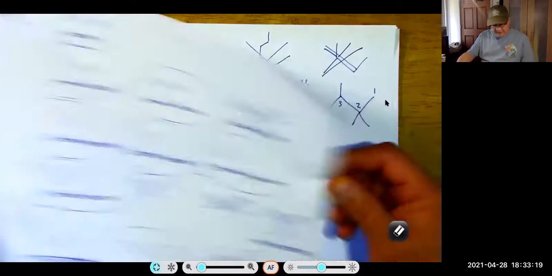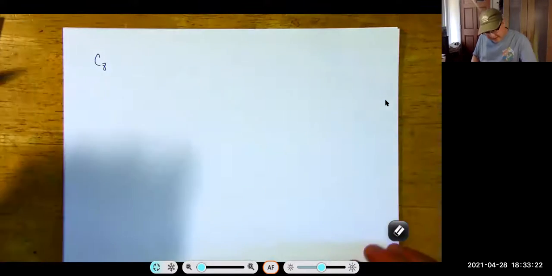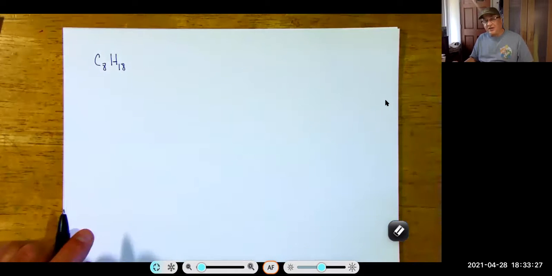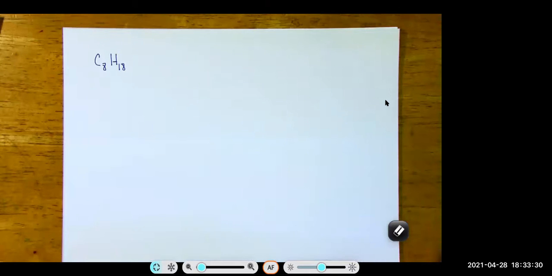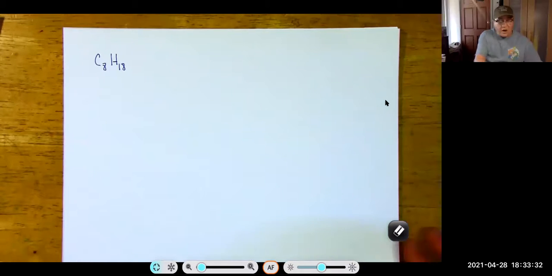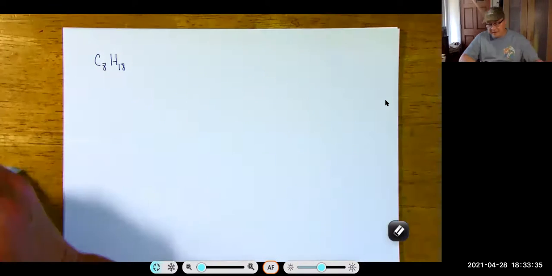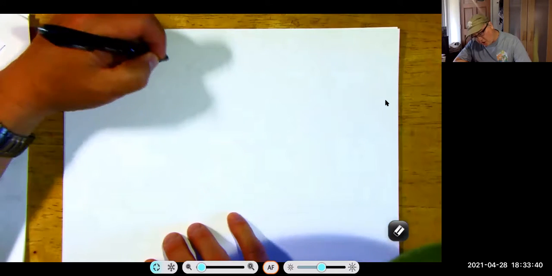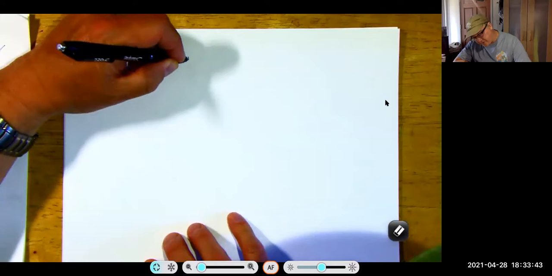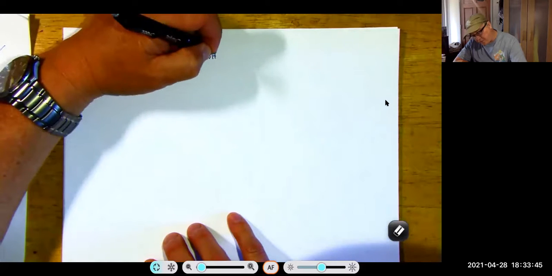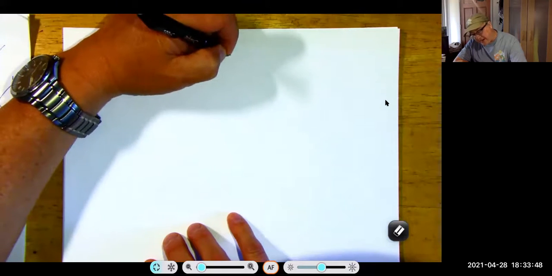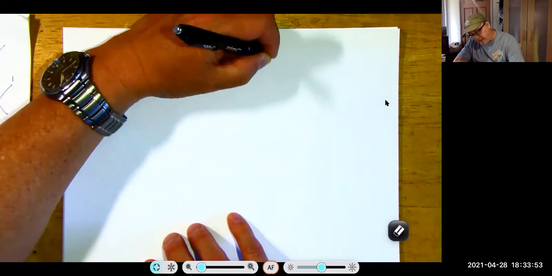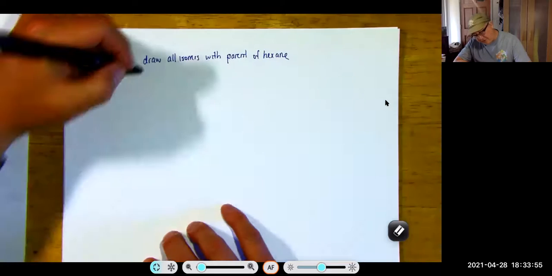Okay, now guess what happens if we do C8H18? There's going to be a ton of them. Probably 12 or so, who knows? But what I want you to do is draw all isomers with the parent of hexane and also name them.